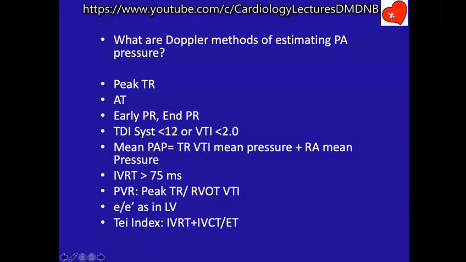Mean PA pressure is the TR jet velocity plus RA mean pressure. Then IVRT, isovolumic relaxation time more than 75. These are all indirect indicators of PAH. And even E/E' in the RV, if it is increased, it's an indirect sign of PAH. So just read up some of these values in case they want to know the different methods of measuring PA pressure. I don't want to go into the details now.